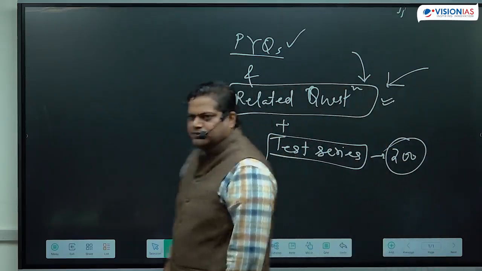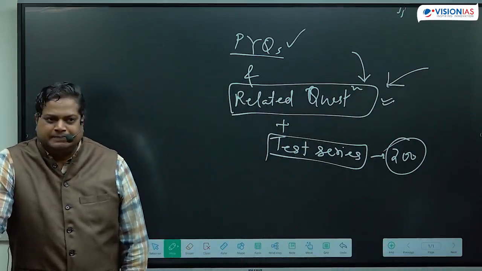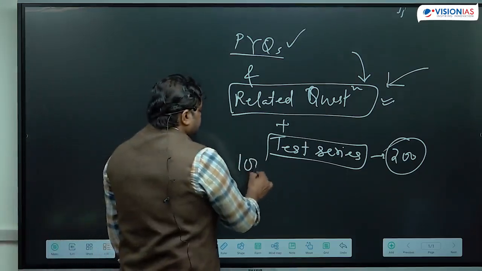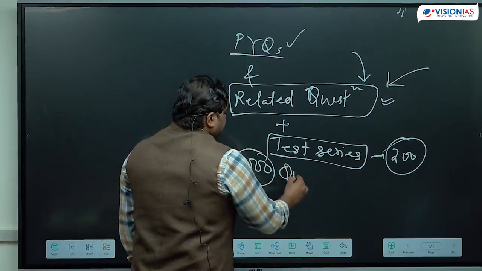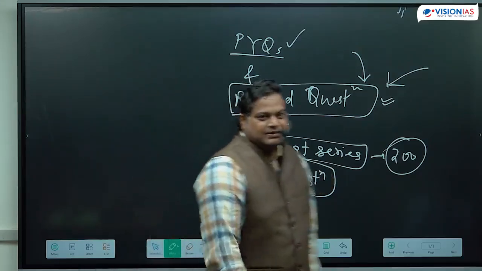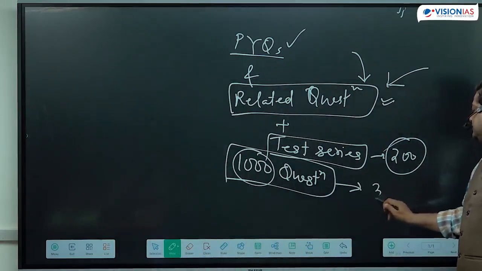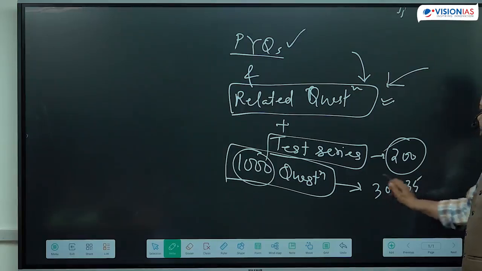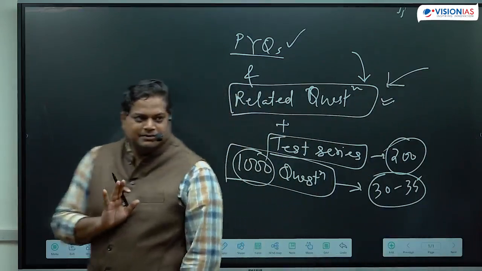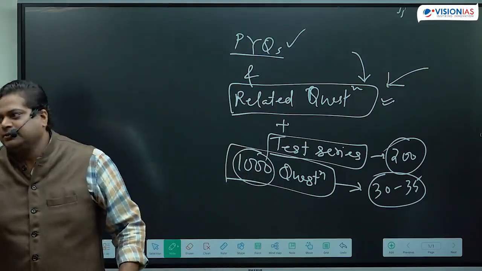Actually more than that, around 400-500 questions, because some sectional maths tests will also be there. So this way we can see around 1000 questions we are going to practice if we follow this. Of these, maths has around 30 to 35 questions, only that many come in the paper, so this is more than enough.